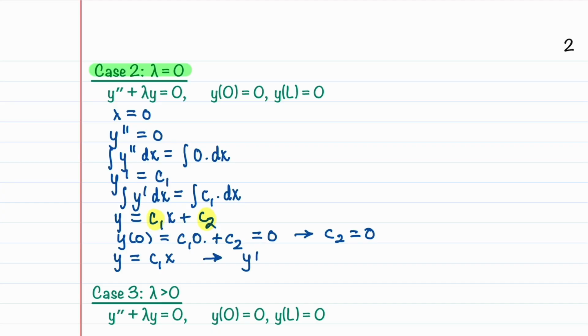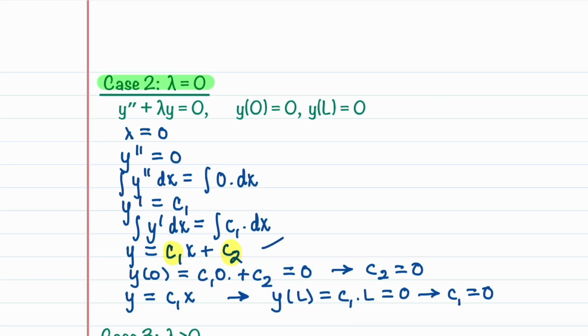So we have y at L is equal to C1 times L is equal to 0. And this means that C1 has to be equal to 0. This gives us the solution that y of x is equal to 0. And just like in case 1, this is a trivial solution.